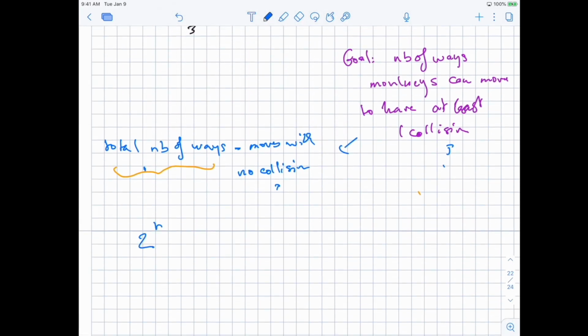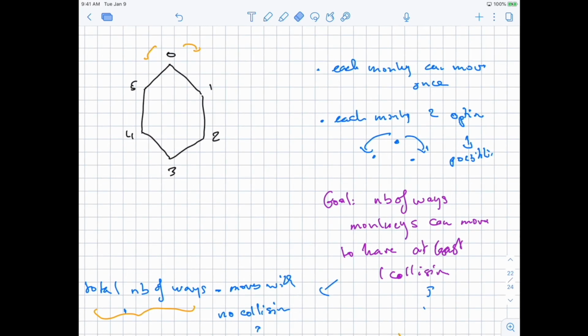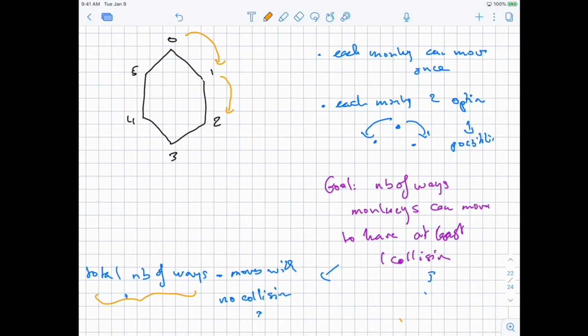Now, what about the moves with no collisions? Let's think about this. For a collision to not happen, one possibility is that each monkey moves to the next vertex. So 0 moves to 1, and because 1 moved to 2, there is no collision at 1. But then 2 needs to move to 3, so that there is no collision at 2.